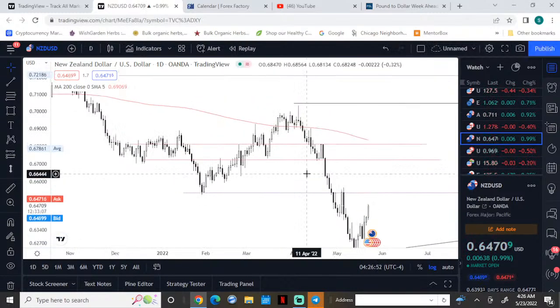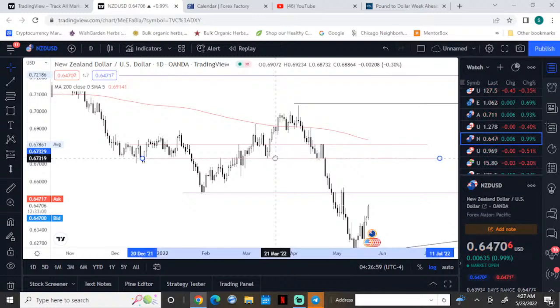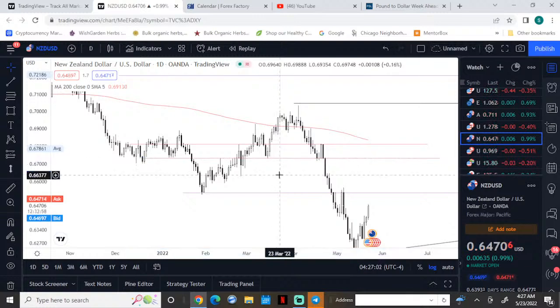Because I mean, just look at it. It looks like both of these look significant. I'm going to keep that. And I'm also going to mark this right here.